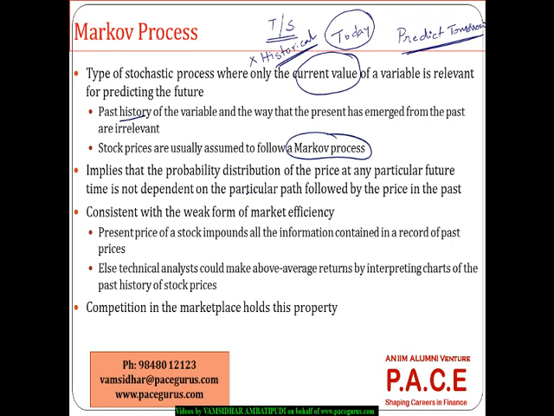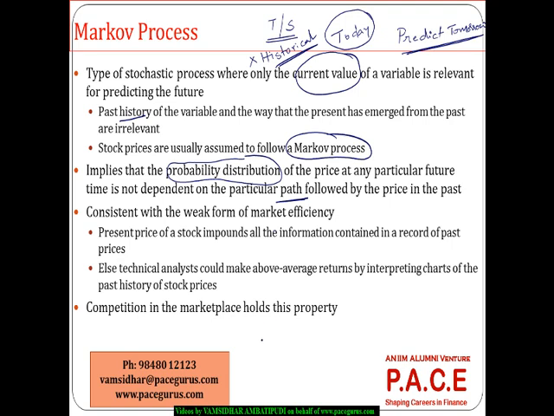So, what is the interpretation now? If I have to really predict the future, means if I have to create some kind of probability distribution of the prices for the future, I am not at all considering the path the price has followed in the past.